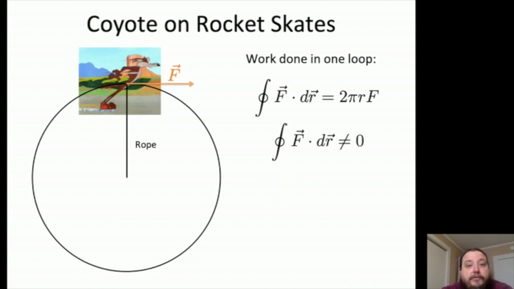If this was a conservative force, then when he looped back around, the total work must be zero. Since in this case the total work isn't zero, then again, rocket skates aren't a conservative force. The application of rockets will always be adding energy to the system.